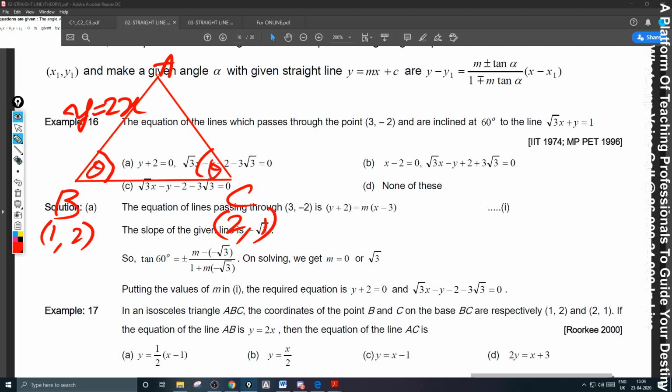So we are now applying the tan theta formula again, to get the line equation AC. That means its equation is to be found out. Because the AC equation is to be found out, let us take its slope as m, which is not known to us.